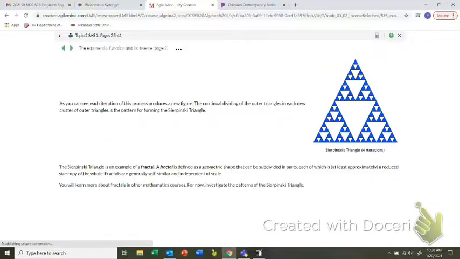Now, on the next page it says the Sierpinski triangle is an example of a fractal. On number 1, I want you to write down the definition of a fractal. A fractal is defined as a geometric shape that can be subdivided into parts, each of which is at least approximately a reduced size copy of the whole.